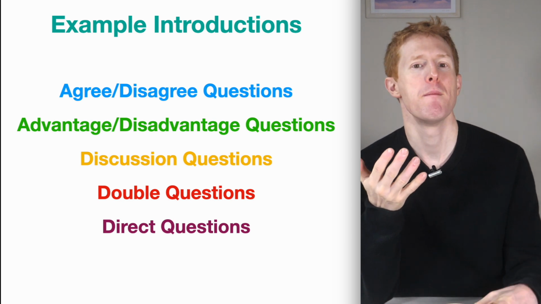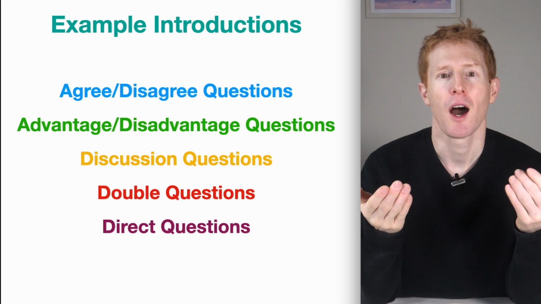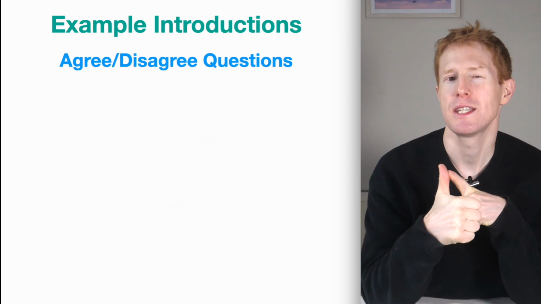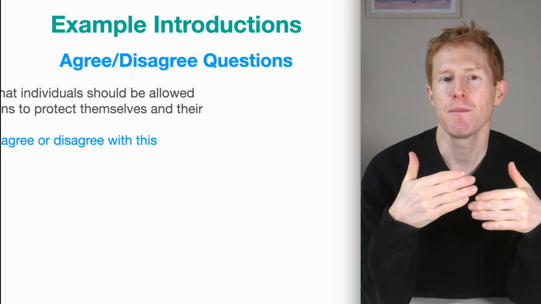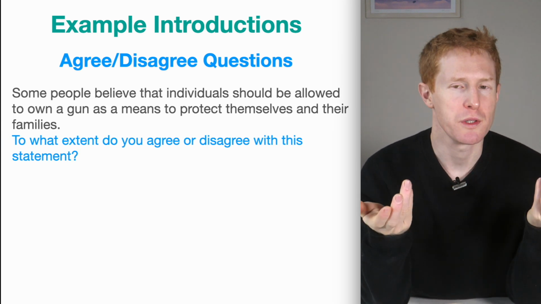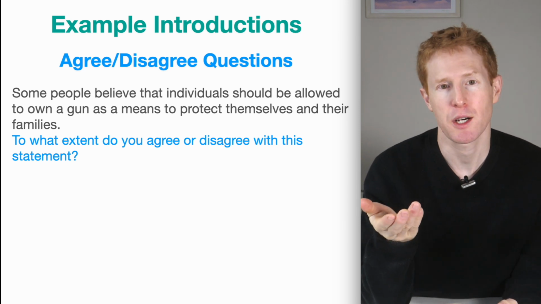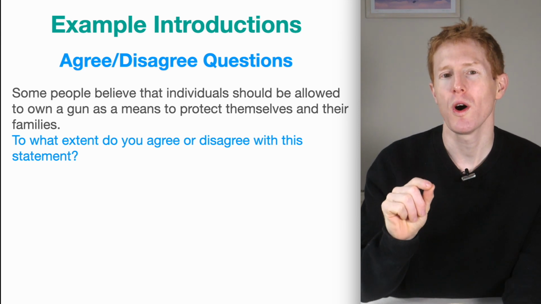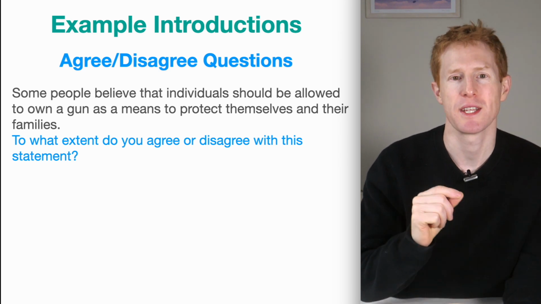Did you know that the most common question type that you get in the IELTS exam are the agree-disagree questions? A question a bit like this. Some people believe that individuals should be allowed to own a gun as a means to protect themselves and their families. To what extent do you agree or disagree with this statement?